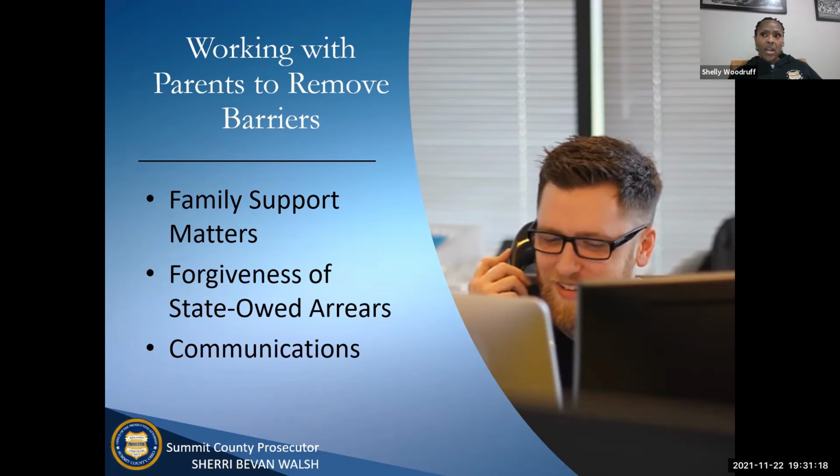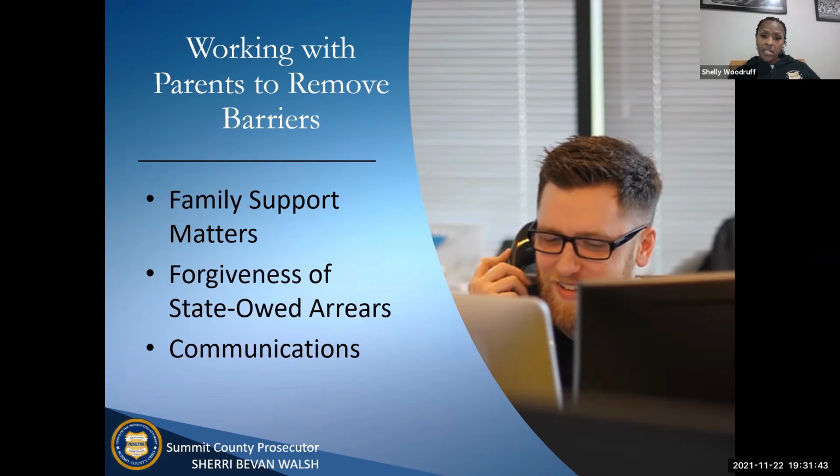And so we actually have a number of employers that we work with that will hire our clients, and they get a referral from Lisa. They complete the Family Support Matters. And then she finds out what their barriers are so that she can assist them. And then based off that, she matches them with an employer to try to become employed.